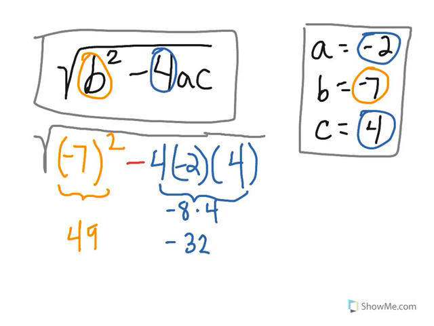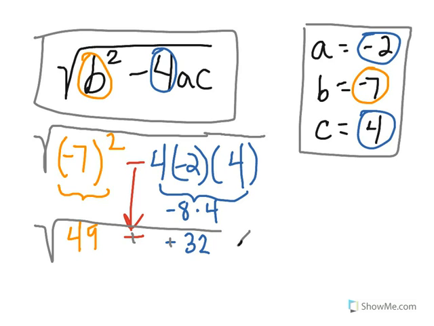Now what else am I missing here? Well, I still have that minus sign. And I still have the radical, so I haven't taken care of that yet. Now what I have to do at this point is recognize that if I'm subtracting a negative, I'm really adding. So I'm going to do that part first. Let's take a look at how this would look.